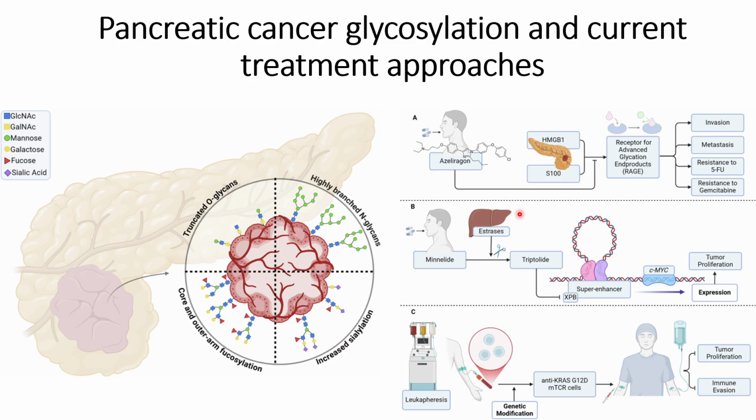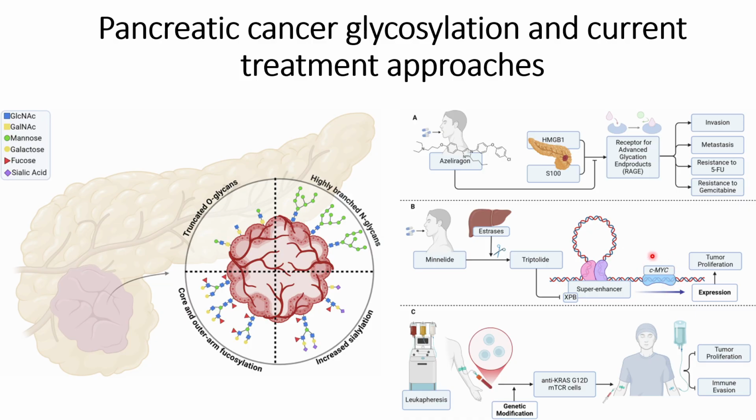The other approach is to use the drug minnelide, which gets cleaved in the liver by enzymes called esterases, and is thereby converted into the active form, triptolide. This triptolide suppresses XPB, and this suppression prevents c-MYC expression in the cytosol, which is mainly expressed when the mitochondria is not working properly.